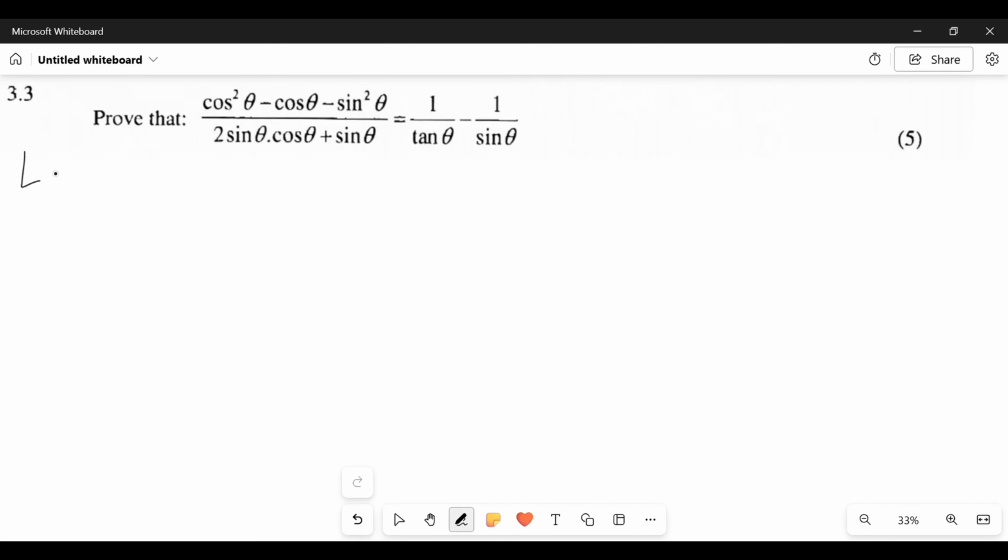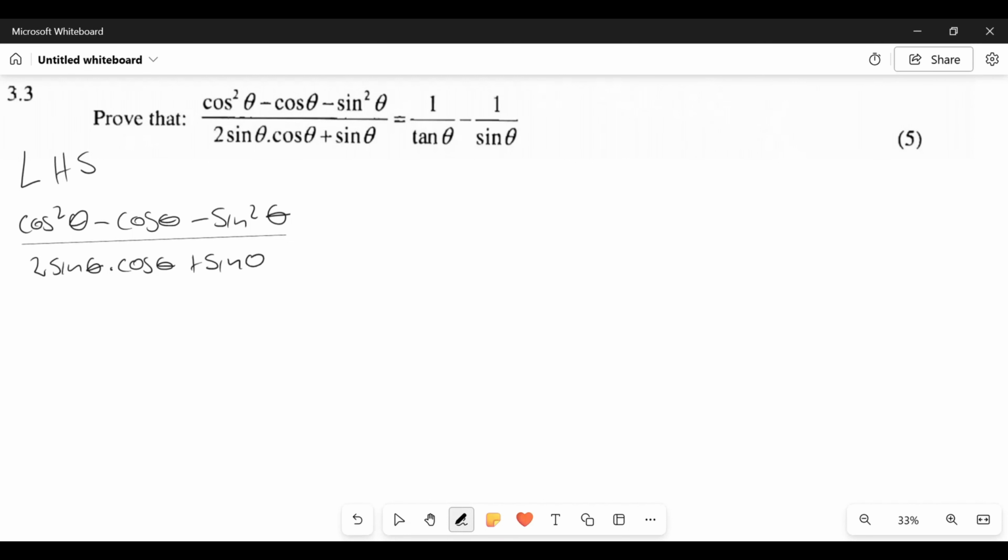So I'm going to write left hand side. Let's rewrite it. So when we rewrite it, we have cos squared theta minus cos theta minus sine squared theta, right? All this is divided by 2 sine theta multiplied by cos theta plus sine theta.